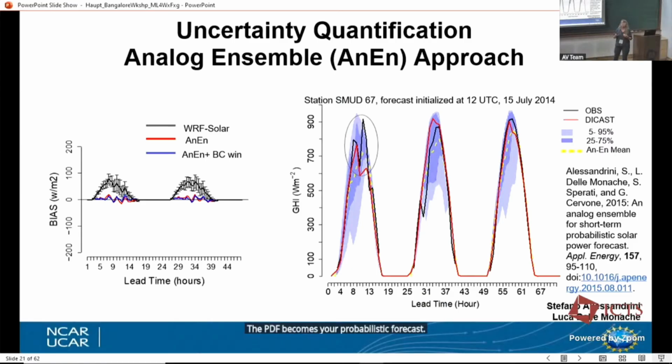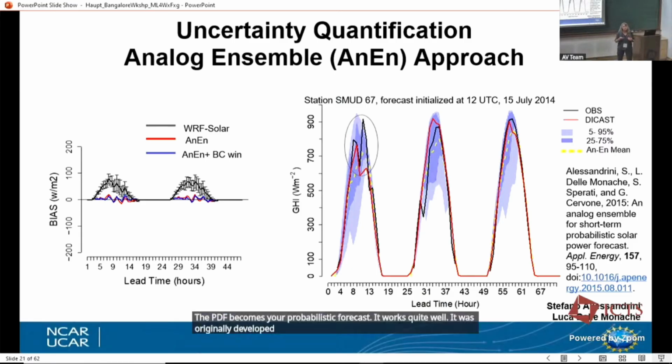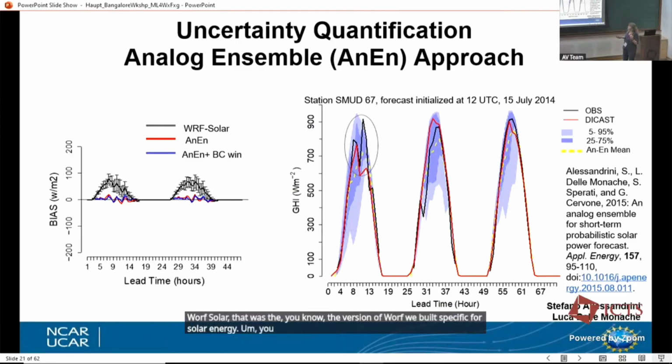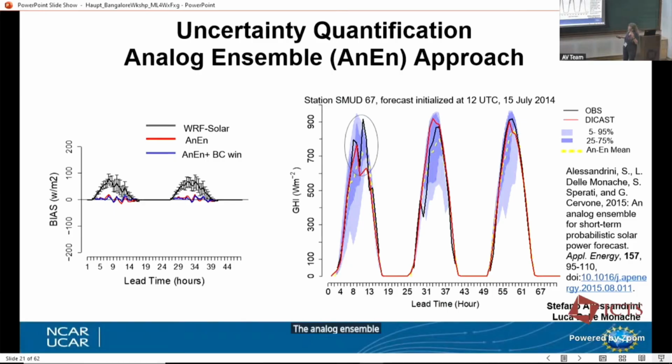It works quite well. It was originally developed by Luca Delle Monache at NCAR. Now, Stefano Alessandrini uses it highly. And you can see here that, for bias, WRF-Solar, that was the version of WRF we built specific for solar energy, put out the black curves. The analog ensemble is red, and then a version that had a slight bias correction improved yet more, and you can see the bias is nearly zero.